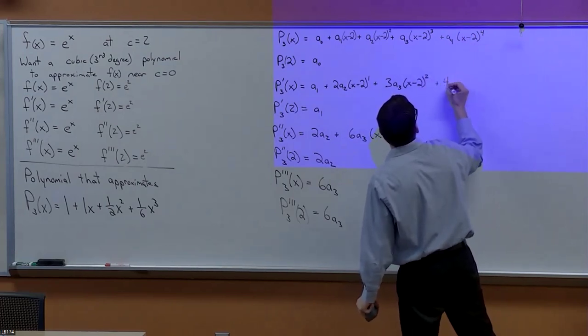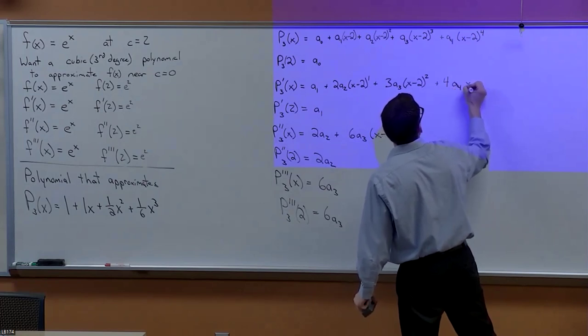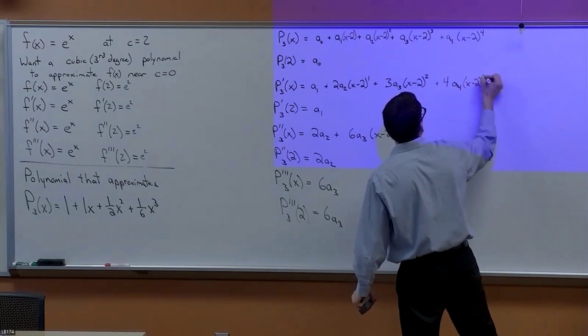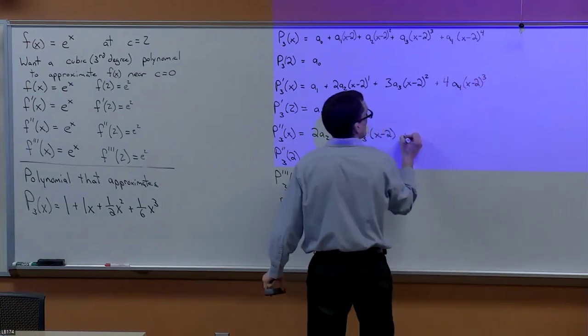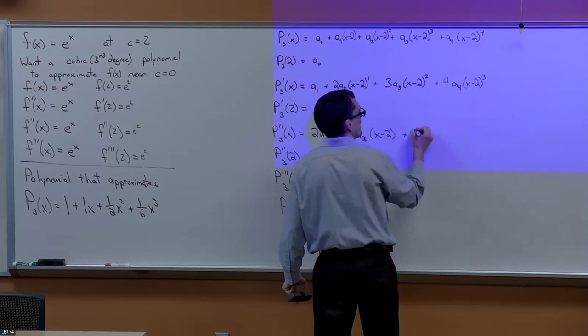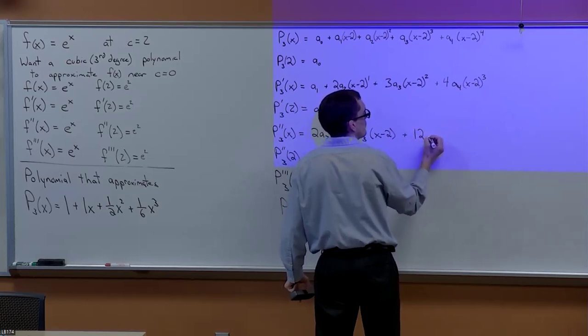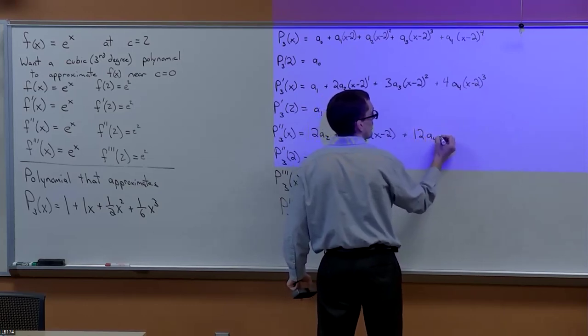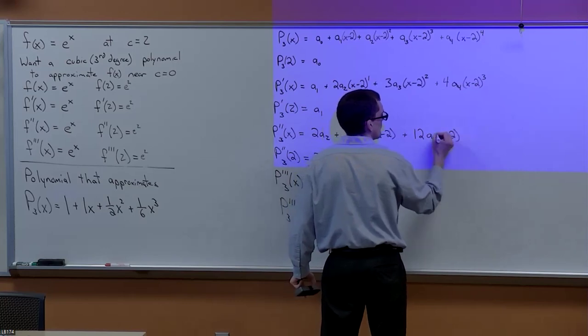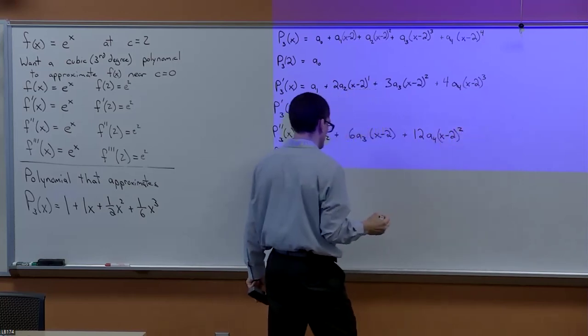First derivative, it's going to be 4 times a4 times x minus 2 to the third. When I take a derivative of that, I'm going to have 4 times 3, which is 12, times a4, x minus 2 squared.